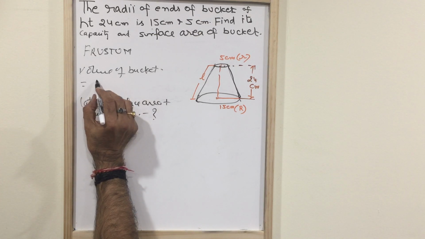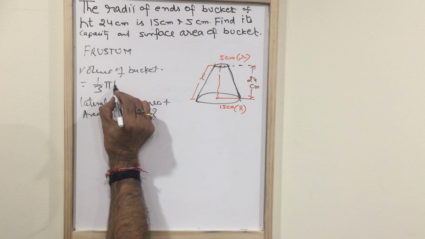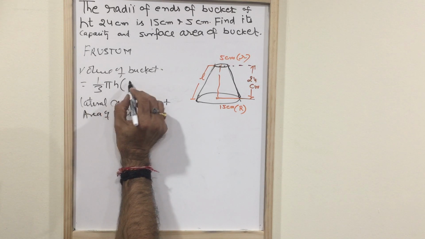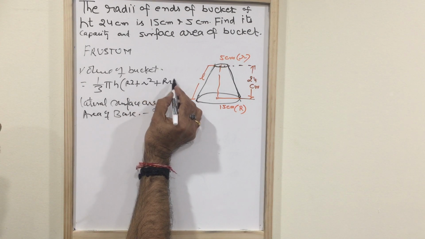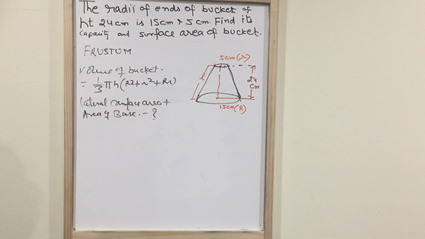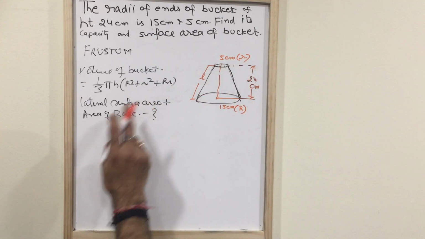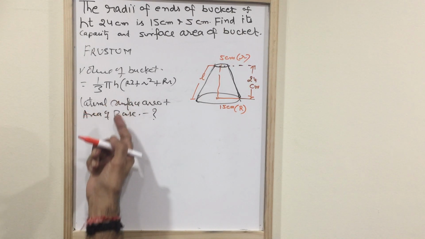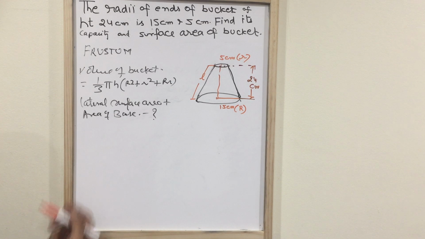The volume of the bucket is given by the formula 1 by 3 pi h (R square plus r square plus Rr). From here we know the values of small r, capital R and the height, so we can find the volume of the bucket.